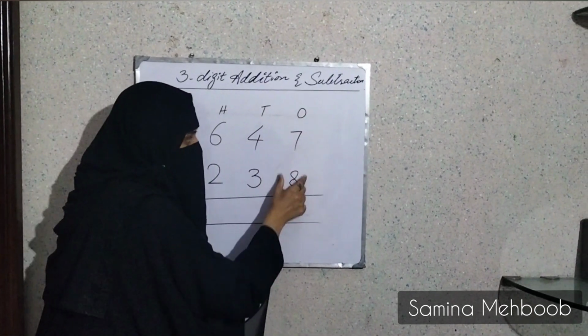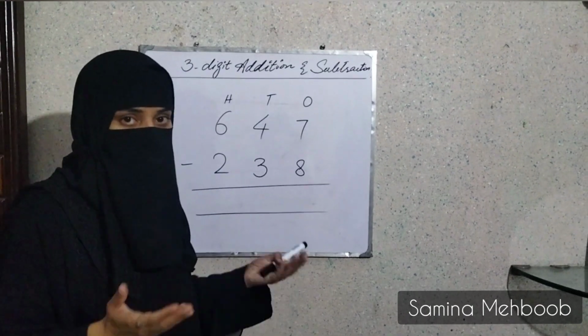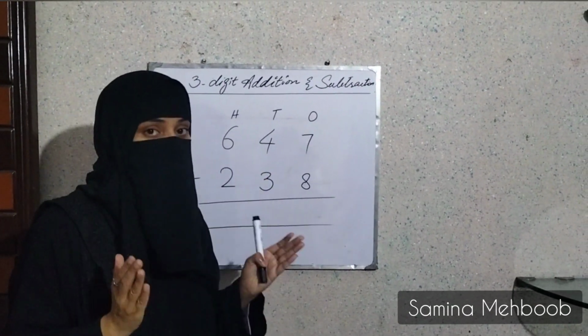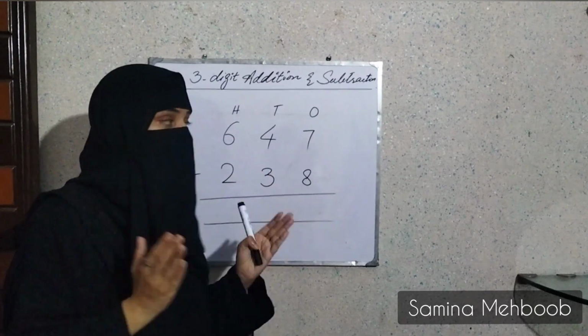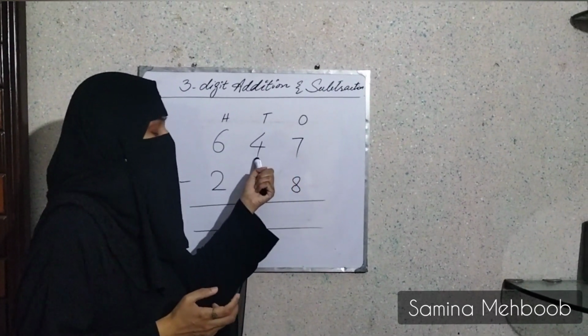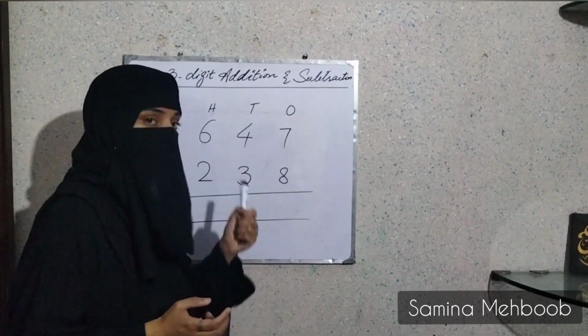Now, what will we do? We will solve the ones place first. Can 7 subtract 8? No, because it is smaller than 8. Always remember, the smaller number can't subtract the bigger number. So what will 7 do? 7 will go to the tens place, and the tens place is 4.